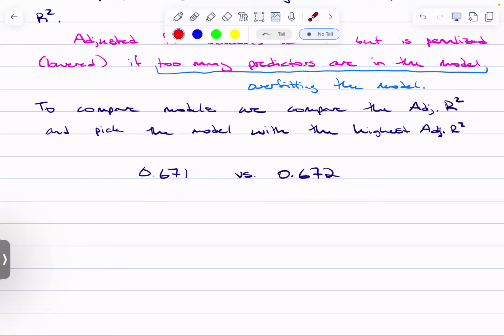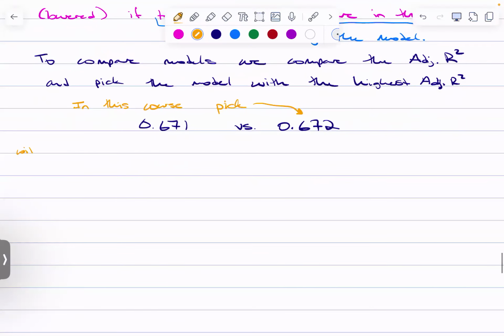Okay, so for us in this course, we pick this one. With knowledge about the data, this one might be better or cheaper. And I use cheaper in the broad sense, right?